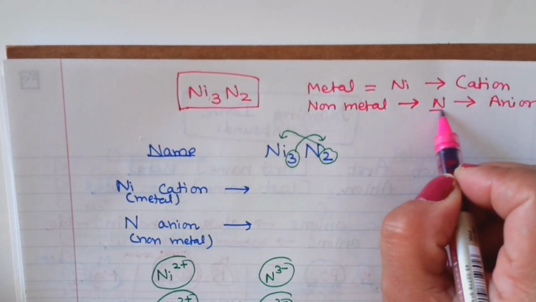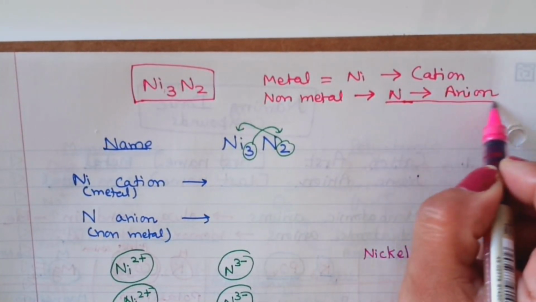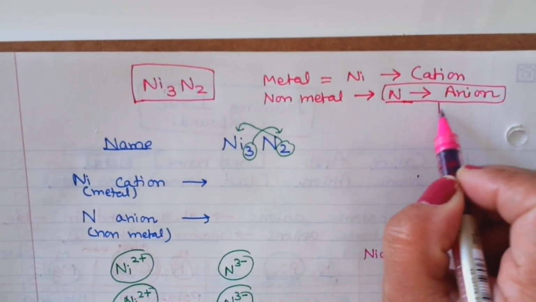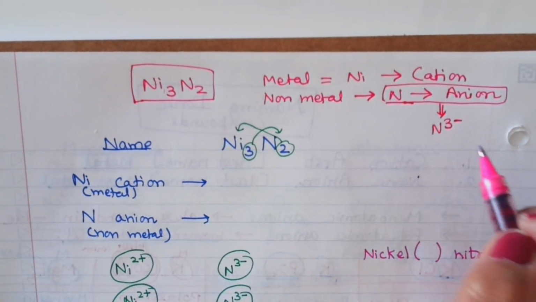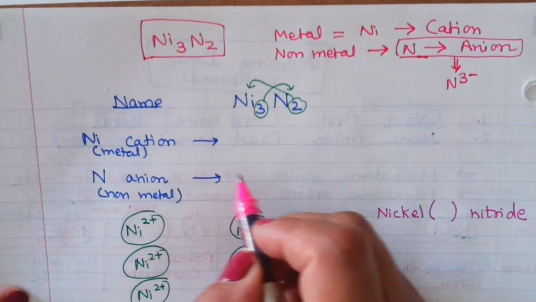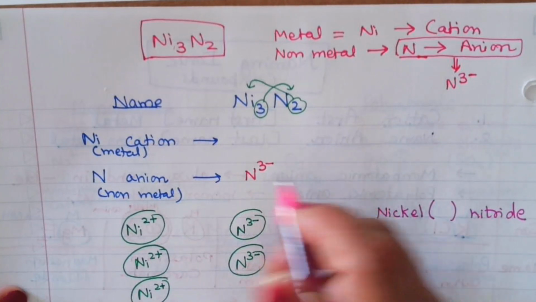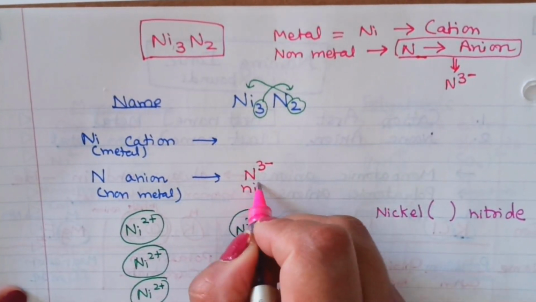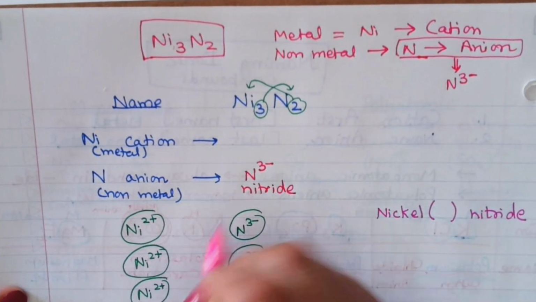I can always tell what kind of ion nitrogen would make from the periodic table. I can tell it is N3-, right? So I kind of know the anion made by nitrogen. So this is N3-, which we call nitride ion, right?